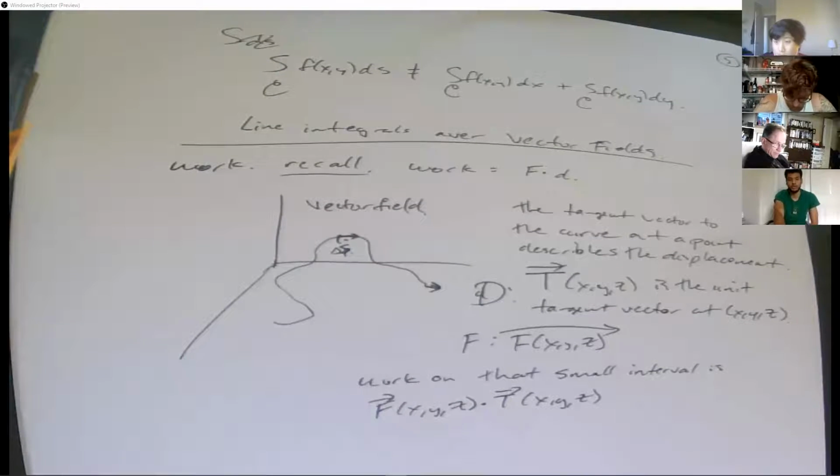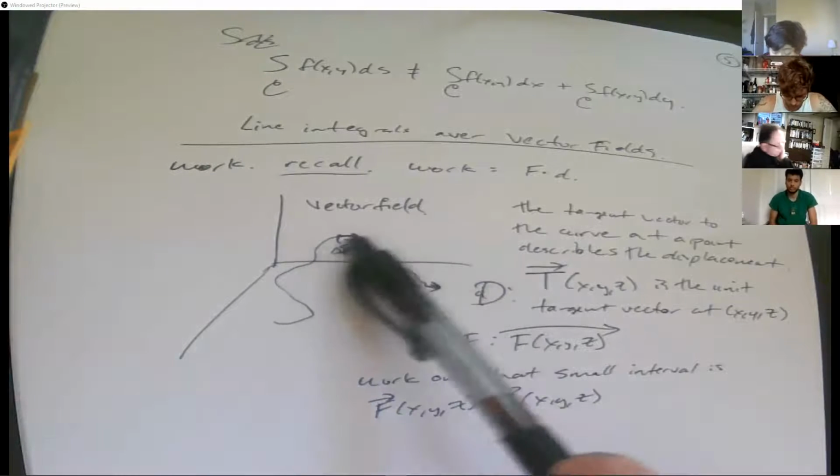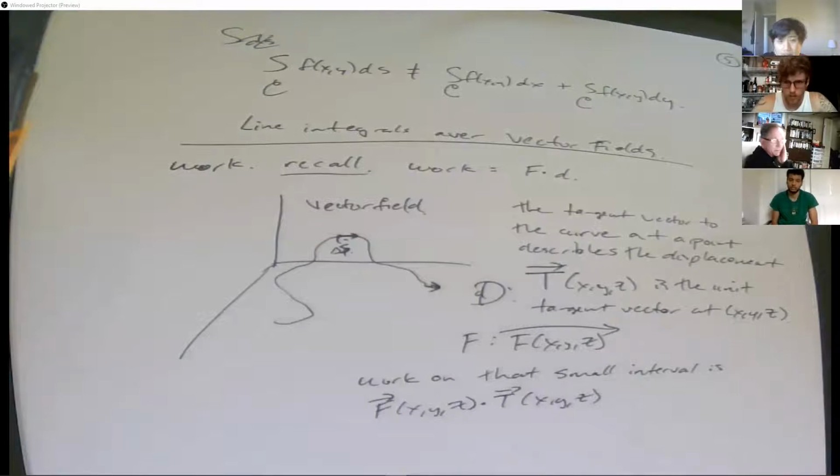So what is the dot product of two vectors? It's a scalar, yeah. So now we've got the work being done on this small bit. What should we do next?